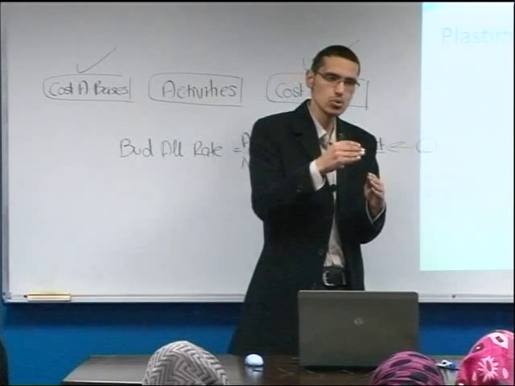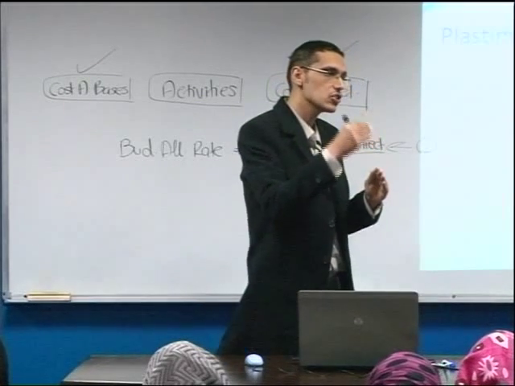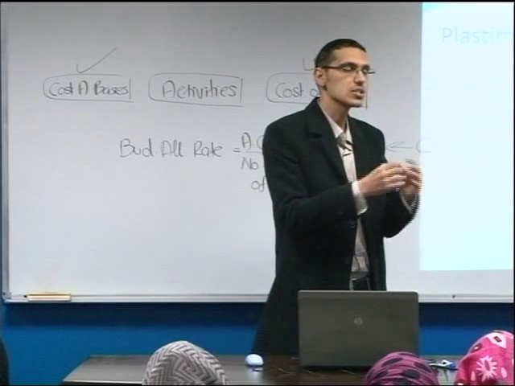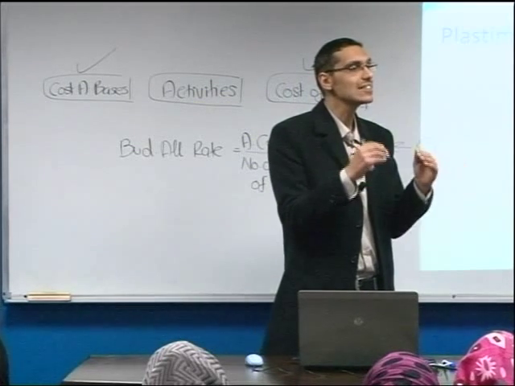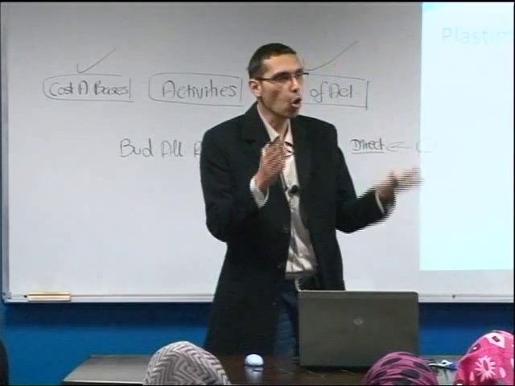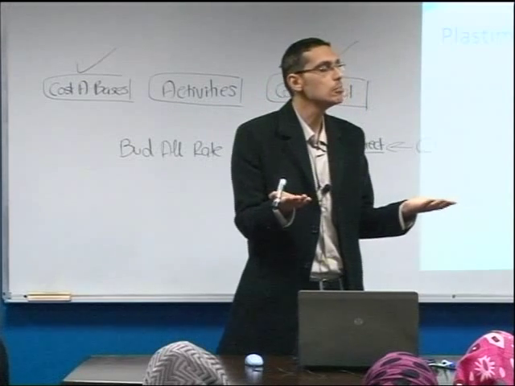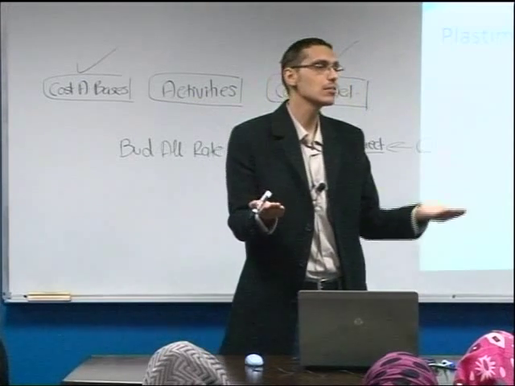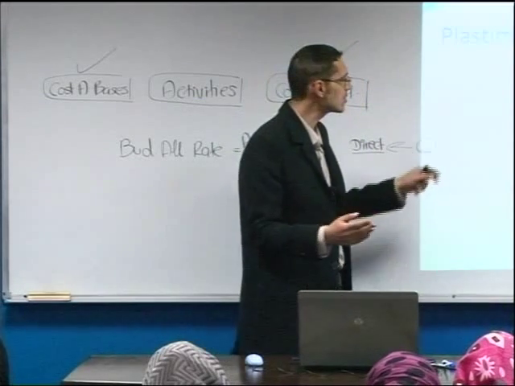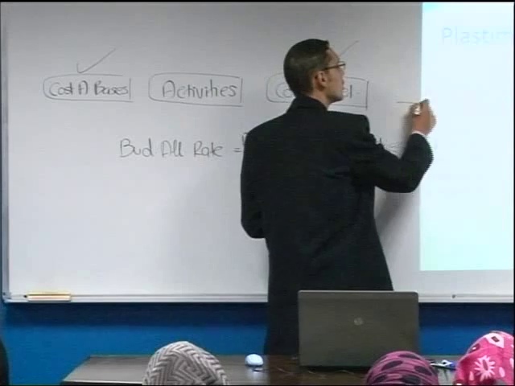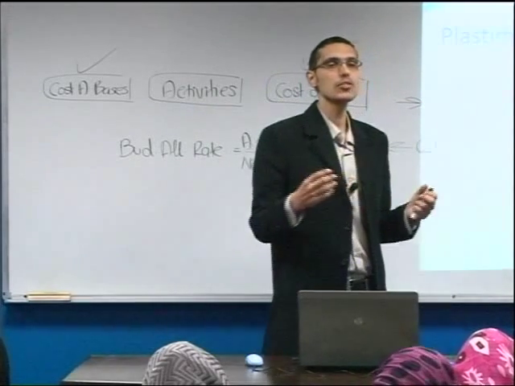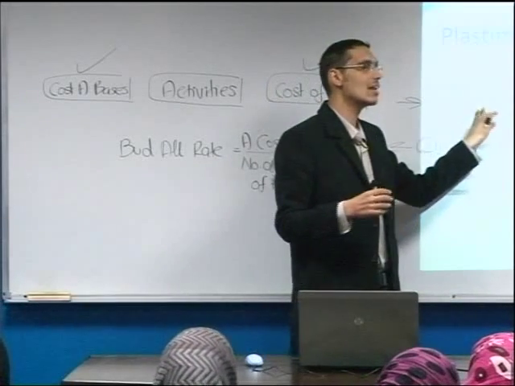And we said that the choosing of the cost allocation base should be done according to some criteria that would enable us to be sure that there is a strong cause and effect relationship between the cost pool and the cost allocation base, or the cost driver itself. Therefore, let us take the example of the setting up of molding machines. What do you think here could be the allocation base?